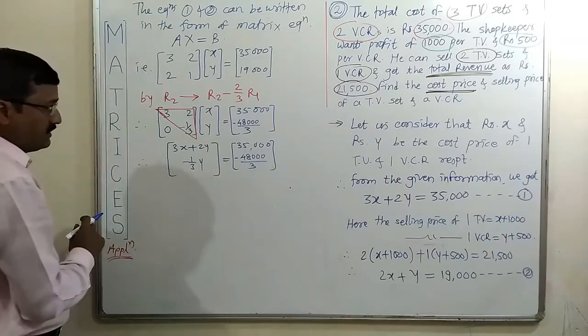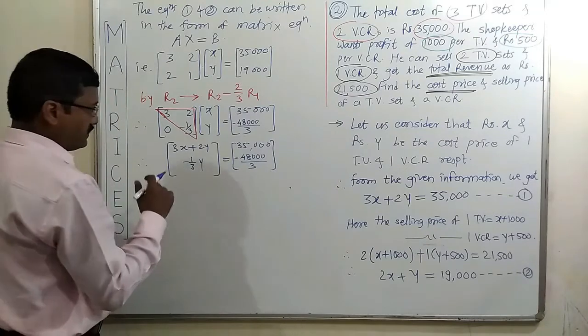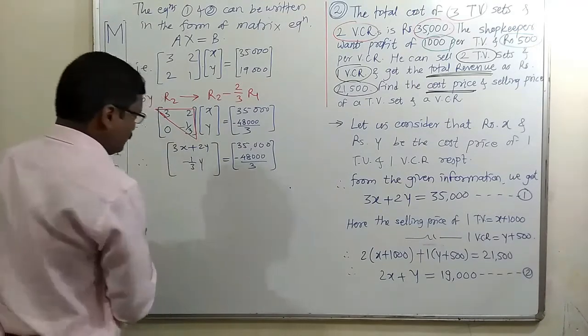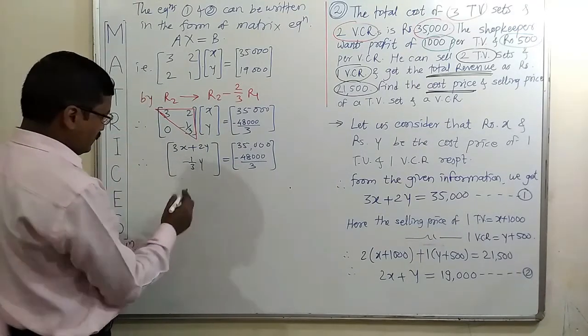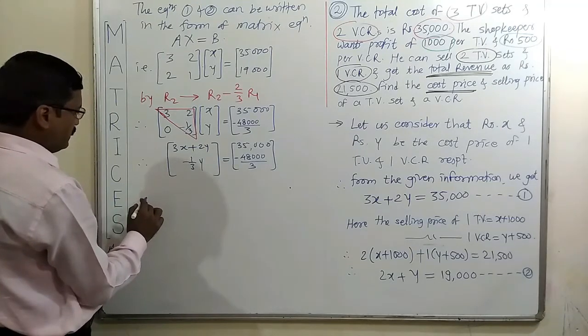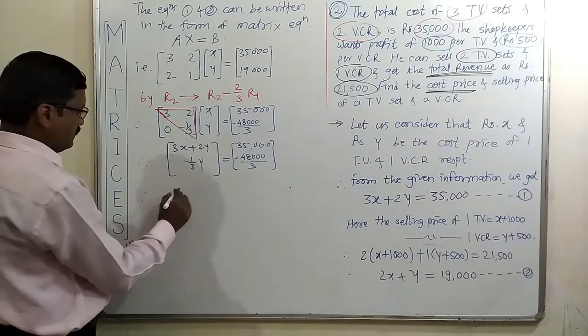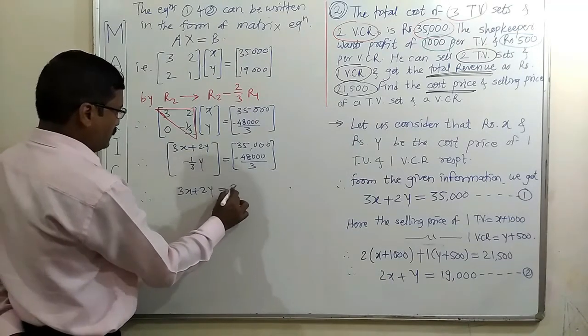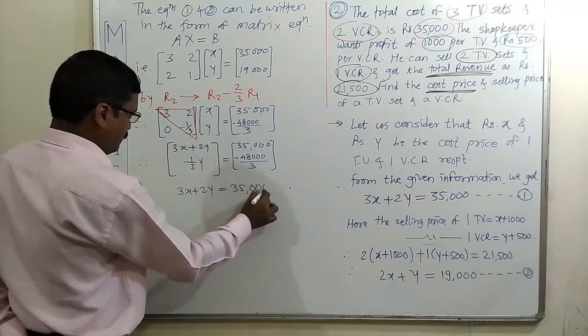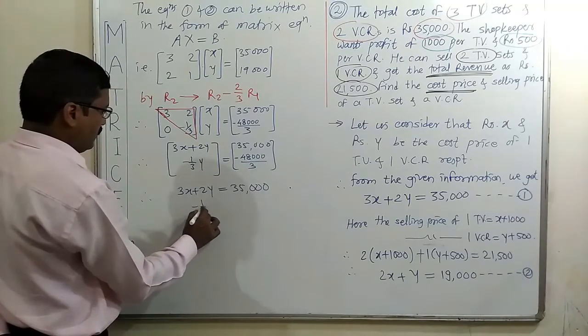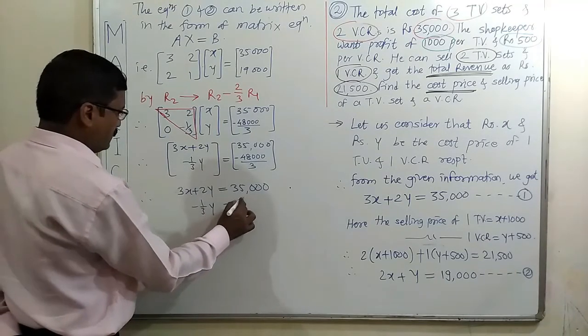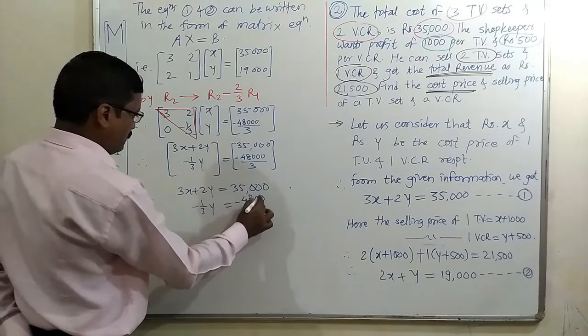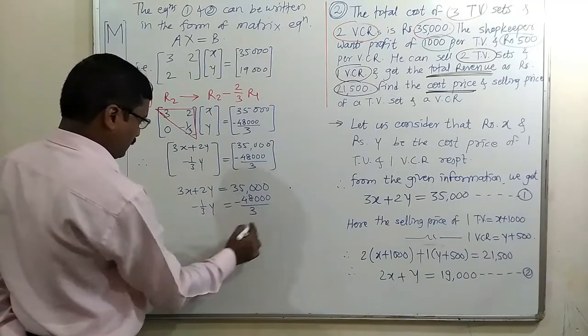By equality of matrices, we get 3x plus 2y is equal to 35,000 and minus 1/3 y is equal to minus 48,000 upon 3.